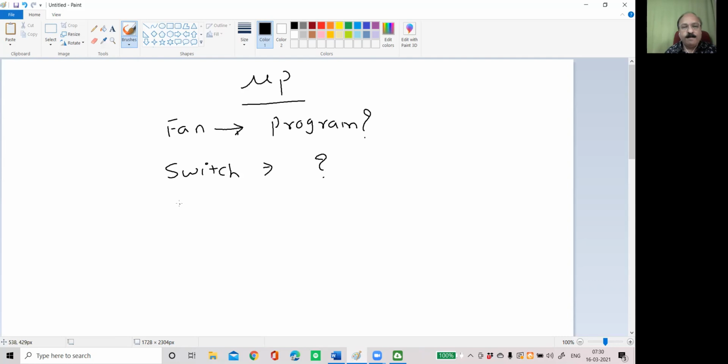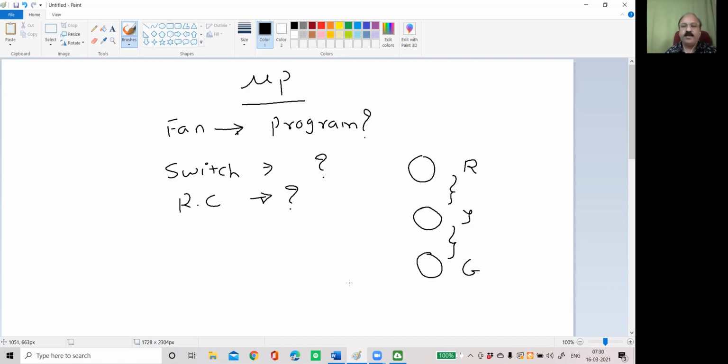If you say a remote control, does it require a program? What do you think? If I give the example of a traffic signal that works like this: first is the red signal, then wait for some time, then yellow, wait for some time, then green. Does it require programming?